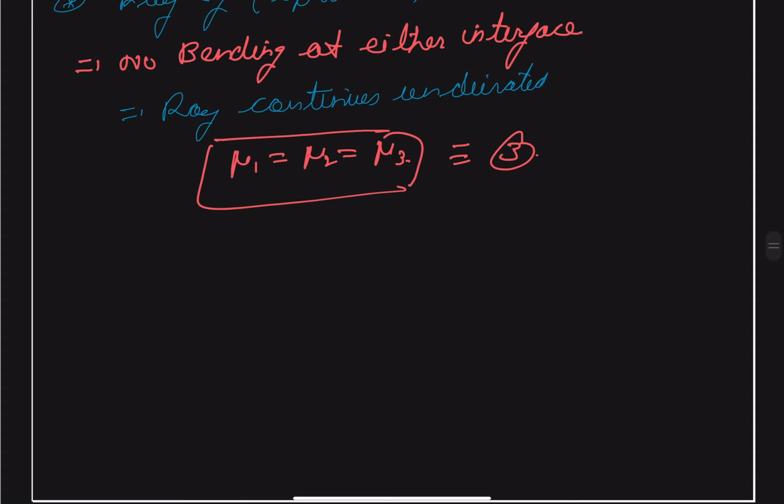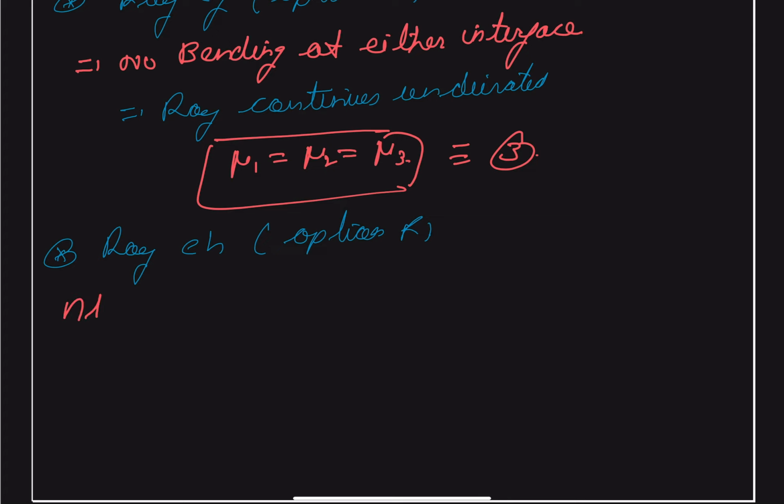And next is our path EH. It was ray EH, or we can say the option is our R, and the ray bends away from the normal at interface 1.